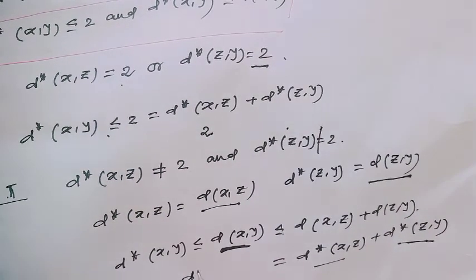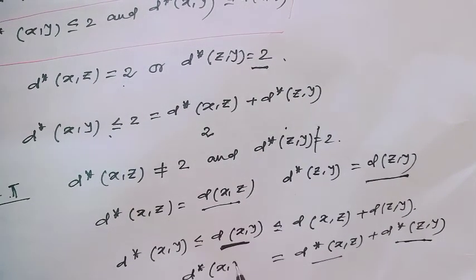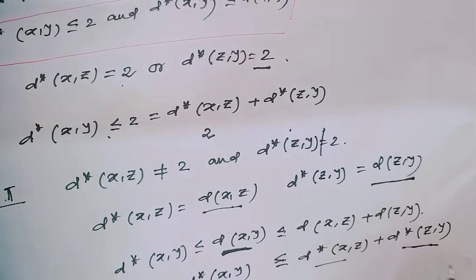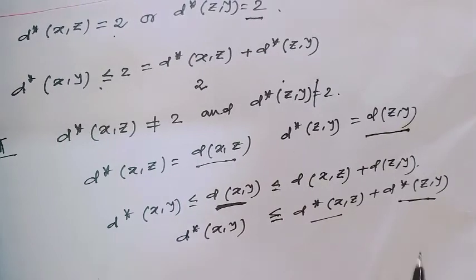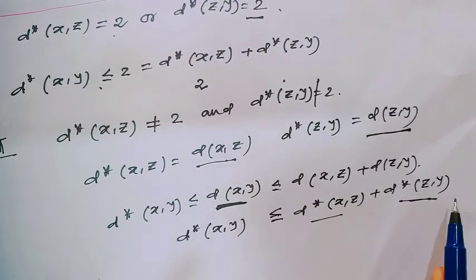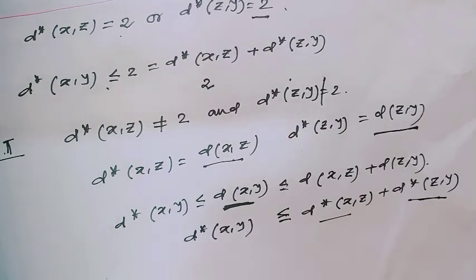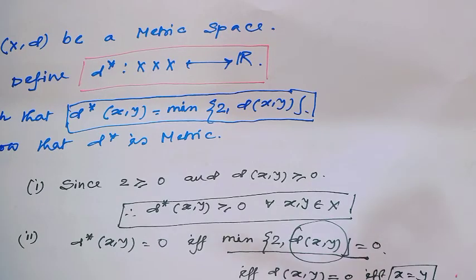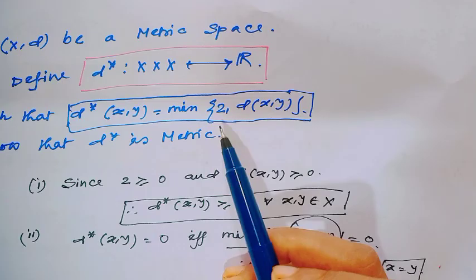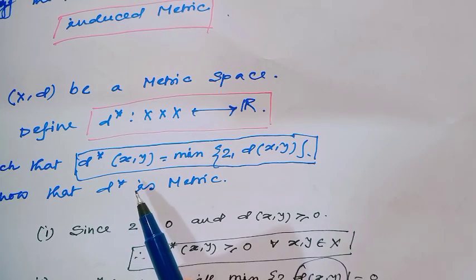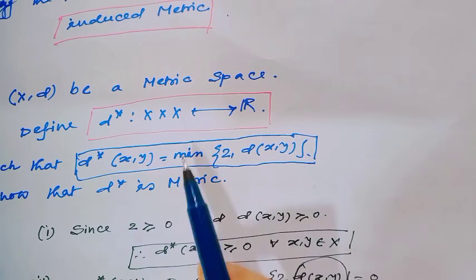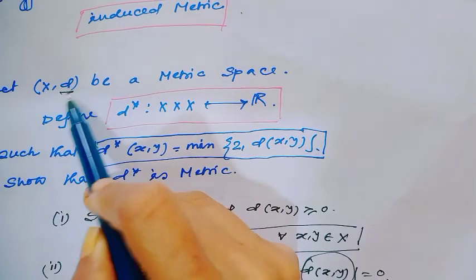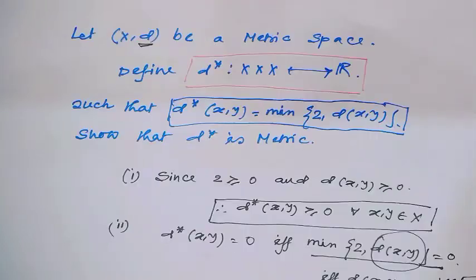That means D star xy is less than or equal to D star xz plus D star zy. That means the triangle inequality has been satisfied here. Are you getting it? Well, that means obviously D star is a metric space, a new metric which is induced by this D metric. Are you getting it?